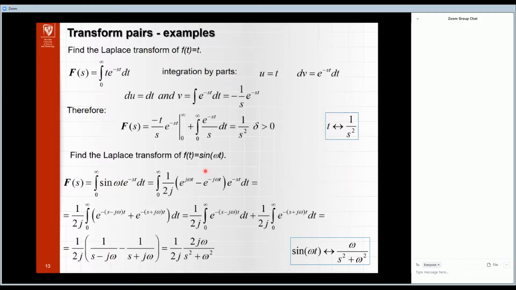Instead of sin omega t, I can write the Euler functions for this, divided by the factor 2j. And 2j is a constant, so I put it before the integration, and now I can divide into two integrations, and as a result I obtain such a value, but we see here j and j, so as a result I obtain the transformation of the sinusoidal function.